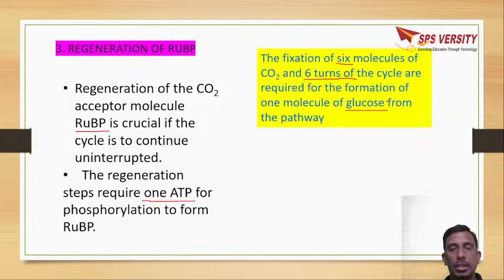How many ATP are used? For one glucose molecule formation, we require 18 ATP or 12 NADPH2 molecules.